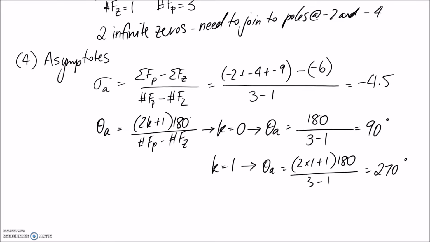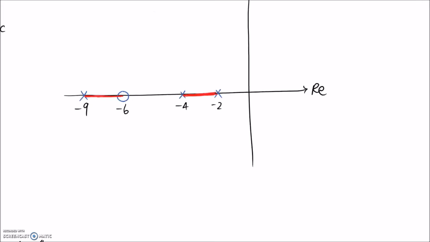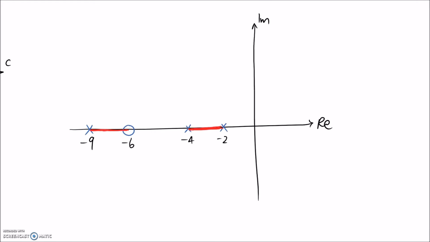So now we can go ahead and mark these onto our root locus diagram. So we know that the crossing is at -4.5, and then they need to be 90 and 270 degree asymptotes. So let's jump over here. So let's say that -4.5 is about here. So we can draw in, we know that it's a straight line asymptote that it wants to approach.